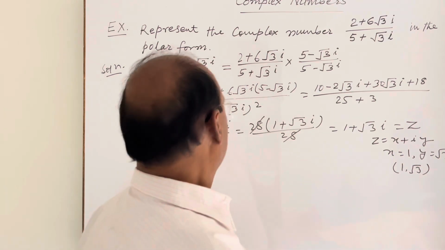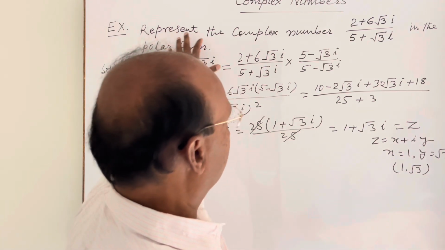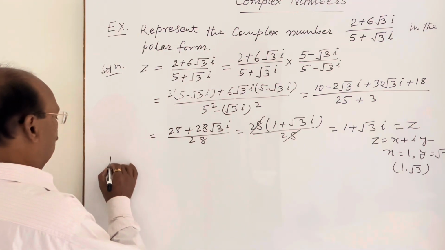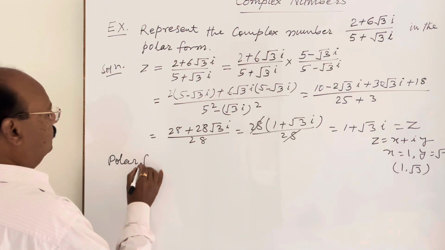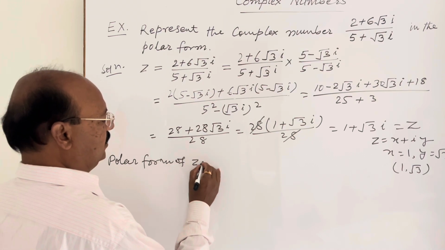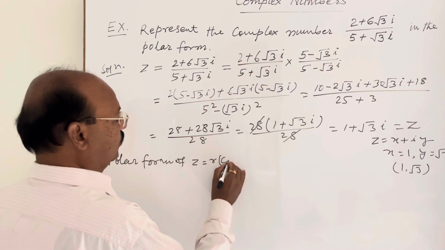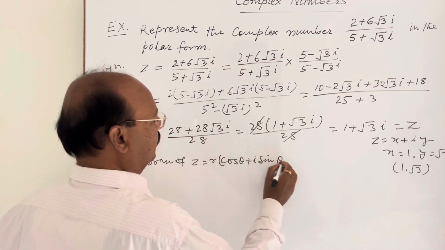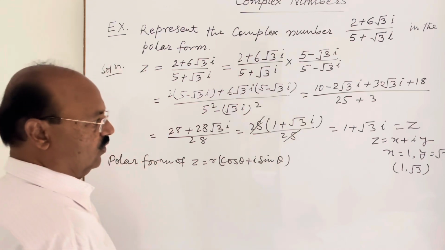Okay. Now we have to represent this complex number in the polar form, and we know that the polar form of the complex number, let us say z, can be written as r(cos θ + i sin θ).